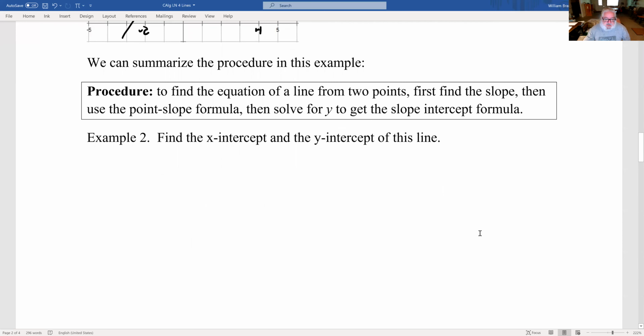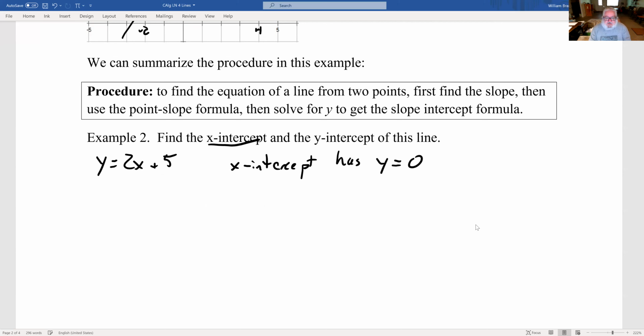So what are the x-intercepts and the y-intercepts of this line that we were looking at there in example 1? Well, the equation of the line is y equals 2x plus 5. To find the x-intercept, that has y equals 0. So we set y equals 0 in this equation.